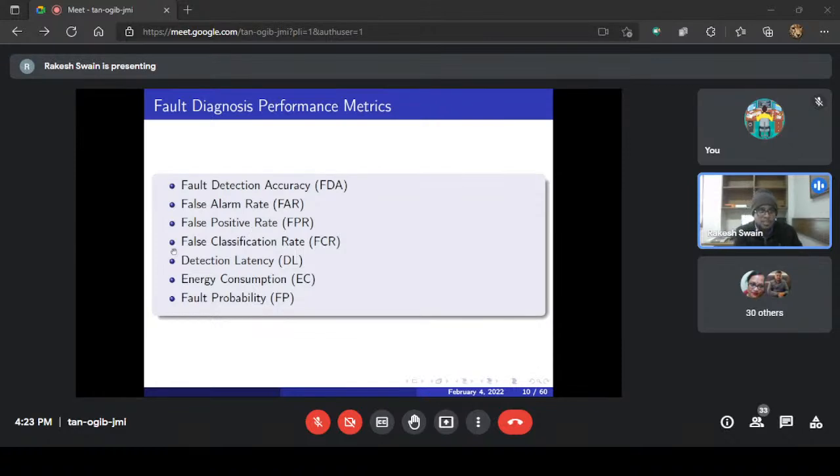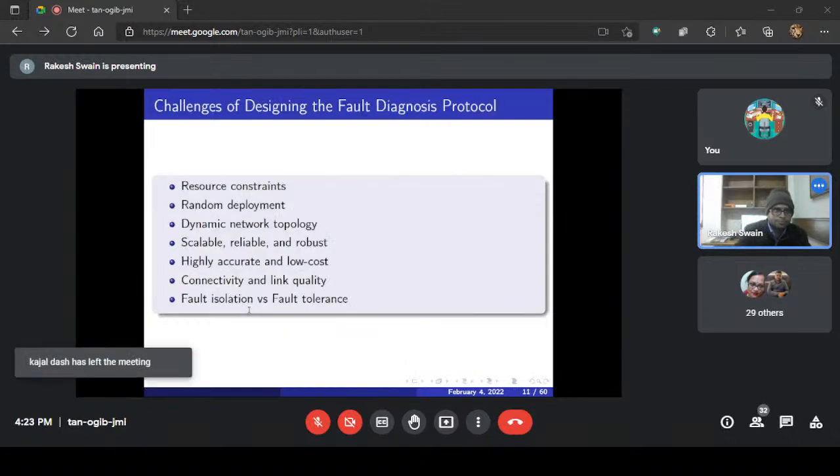And this is the false classification rate, that is the negative classification cost of the false classification. Similarly, for detection latency, you can calculate how much time is needed for fault detection, how much energy will be consumed, and how much fault probability you have to give for the faulty node. So these are the diagnosis performance metrics for fault diagnosis.